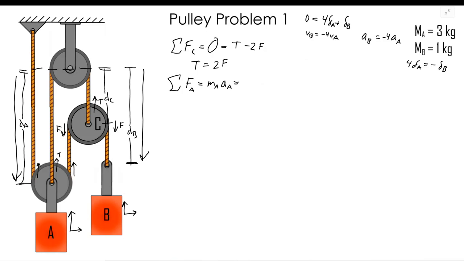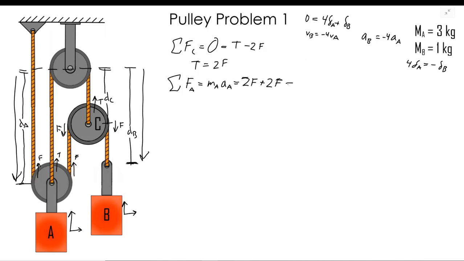So we have a T, an F, and another F. I'm just going to implement what T is immediately. So we're going to have 2F for this tension, and then these 2 F's as well. So really that's going to be 4F in the end for A.